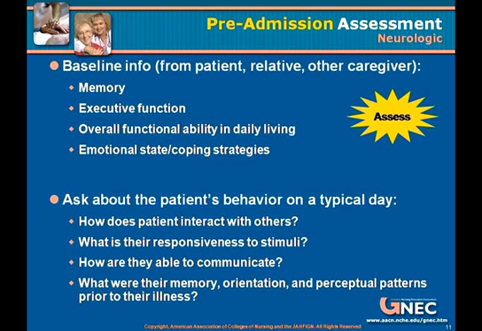Also very helpful to know about their emotional state and coping strategies. Was this a person who was prone to depression, who was maybe on medications for anxiety and depression prior to hospitalization? This will help us understand their emotional responses and perhaps behaviors during critical illness.